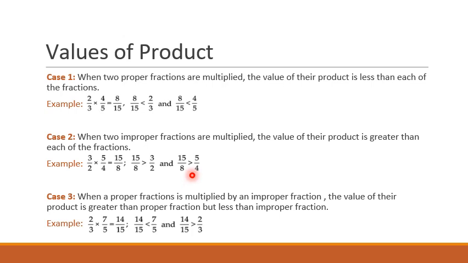Now let's take the third case, when one fraction is proper and another is improper. So when a proper fraction is multiplied by an improper fraction, the value of their product is greater than the proper fraction, but it would be less than the improper fraction. So let's see it again with the help of an example.